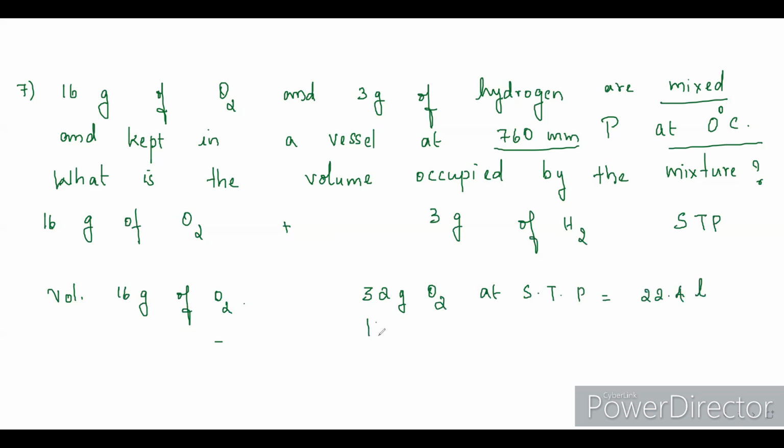But here 16 grams is taken. 16 grams of oxygen at STP will have X liters. So on solving here, you will find that X is equal to 11.2 liters. So the volume due to oxygen is 11.2.